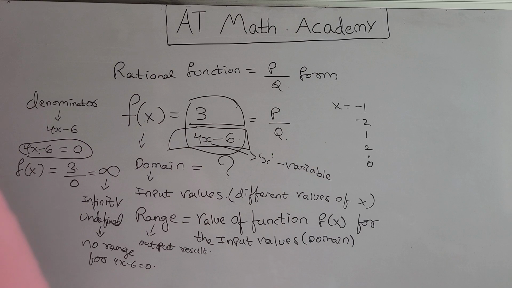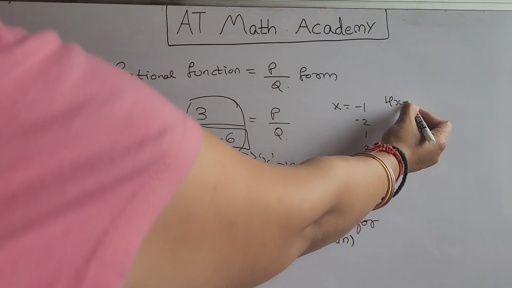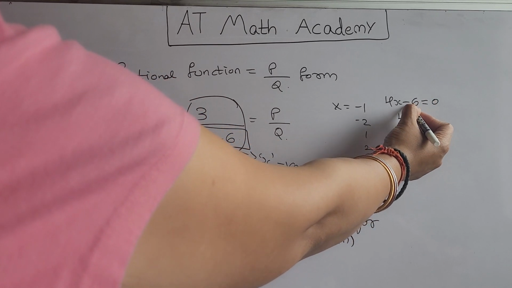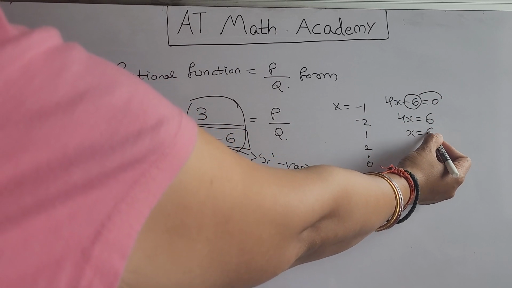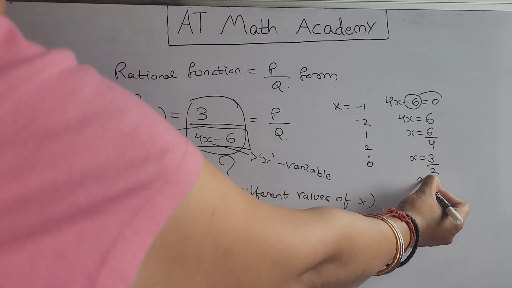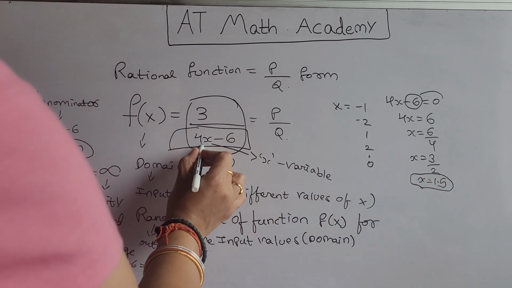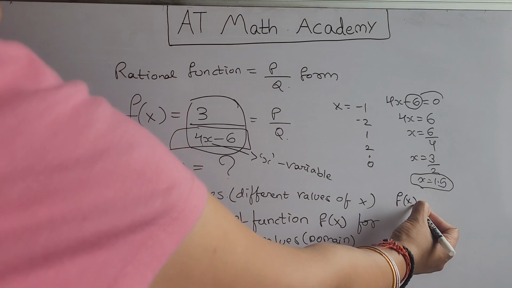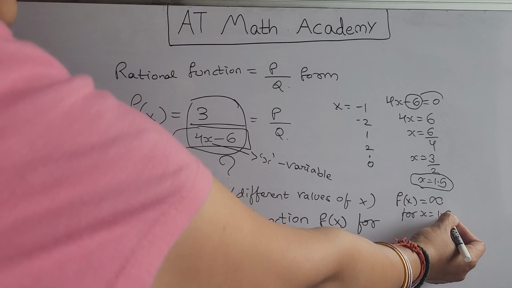So in order to do so, we are making the function denominator 4x minus 6 equal to 0, which is 4x is equal to minus 6. When it goes to the opposite side, it becomes plus 6, and x here is 6 by 4, which is 3 over 2, which is 1.5. So when x value is 1.5, this function value f of x becomes undefined for x equal to 1.5.